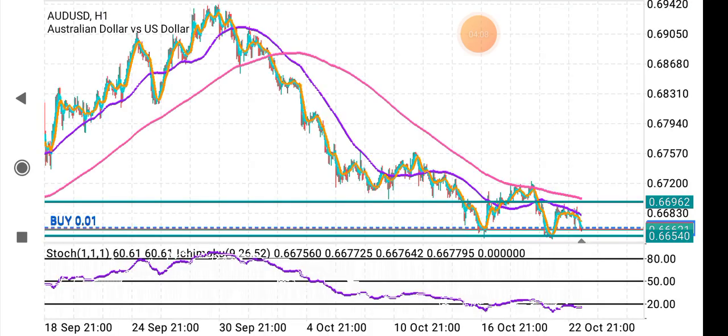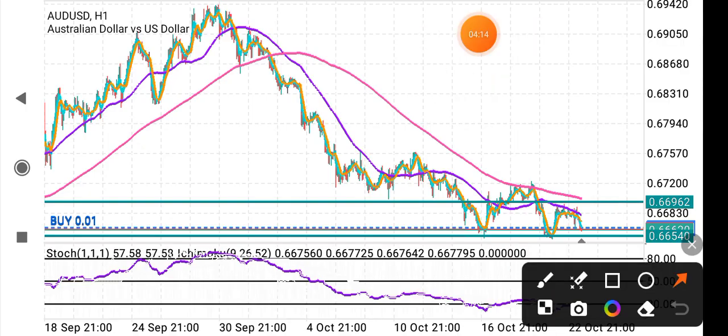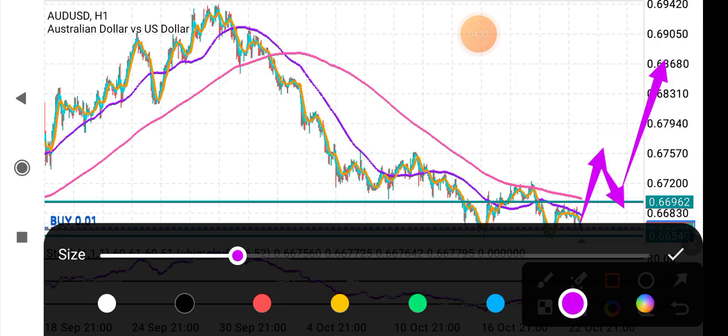So when you come back to our 1 hour chart, let me demonstrate. So you'll wait for this market to come and break, retest, then move. So your first entry, let me give it a different color.